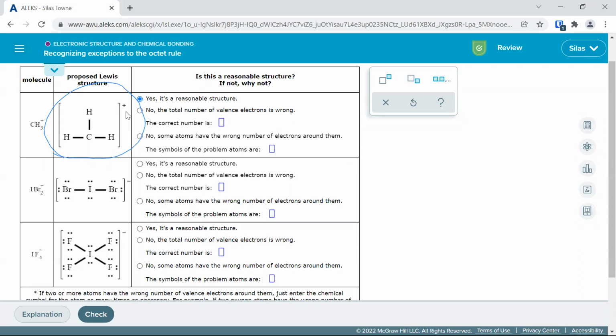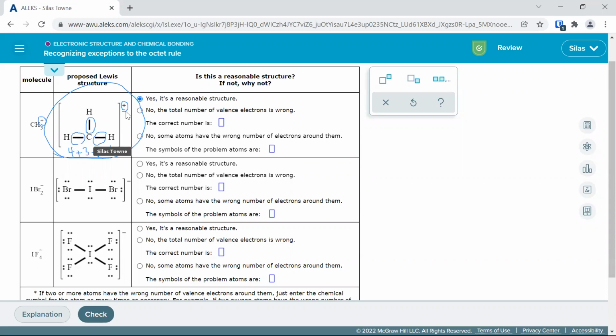But what we do see is we have a charge here. So the first thing we do, just like when we're drawing Lewis structures, is add up those valence electrons. We got 4 from the carbon, plus 3 from the hydrogens, but because it's positive, we lose 1. So we have a total of 6 valence electrons. Now, what do we see? We see 2 here, we see 2 here, we see 2 here.